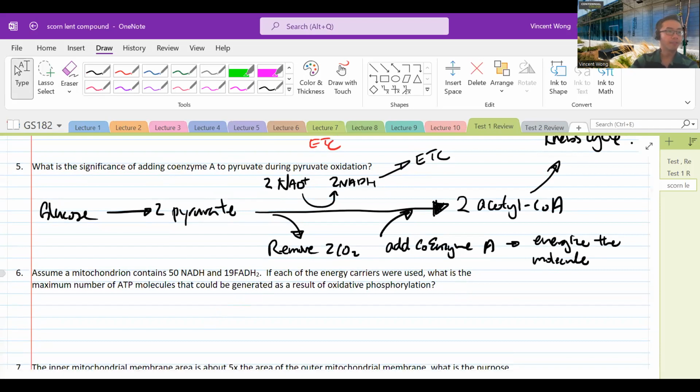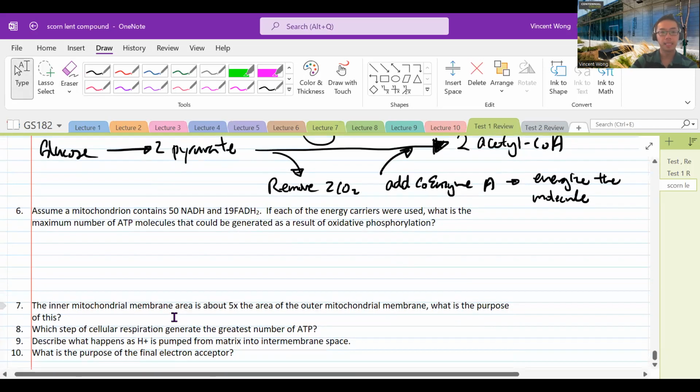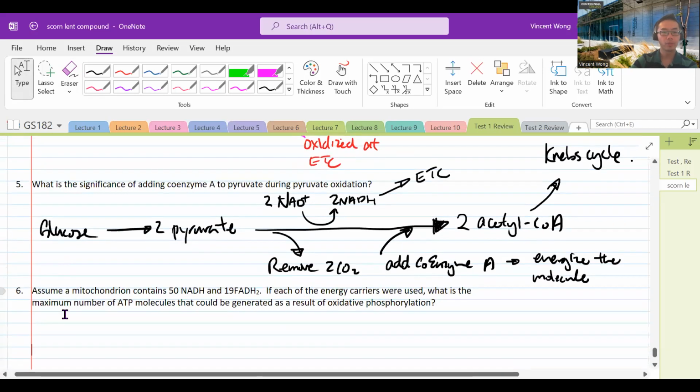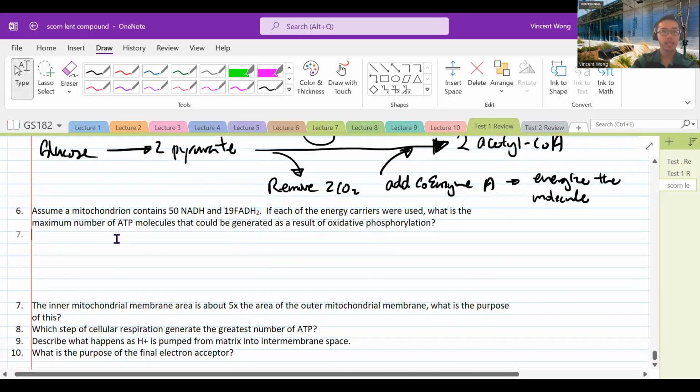All right, math question. We did some of these last time in the tutorial, so let's try one again. Assume that a mitochondrion contains 50 NADH and 19 FADH2. How many ATPs can we produce under ideal conditions? Okay, what do you guys think?